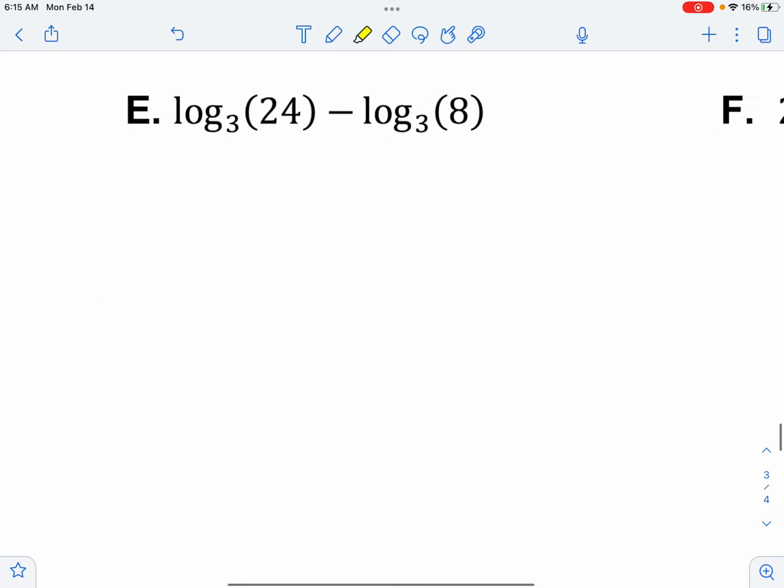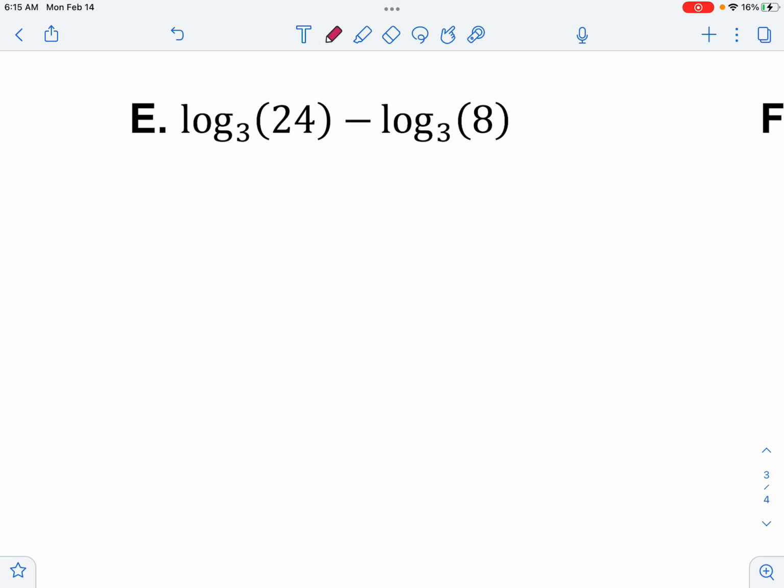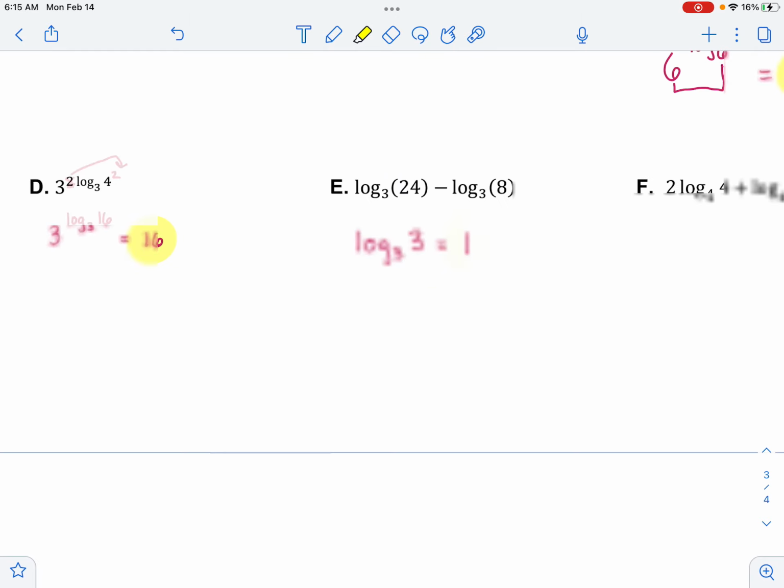Okay, and then the last couple examples is just showing you we can't evaluate these logs individually, like 3 to what power is 24, 3 to what power is 8. But if we use our property to write this as 24 divided by 8, which is 3, now we can actually evaluate this log to get 1. So sometimes when we consolidate, it allows us to evaluate.